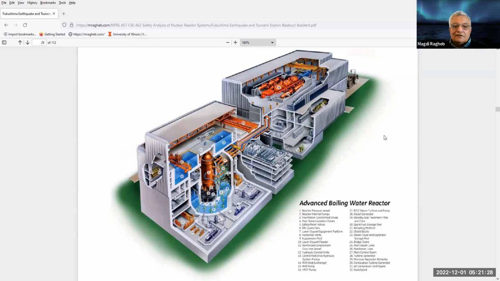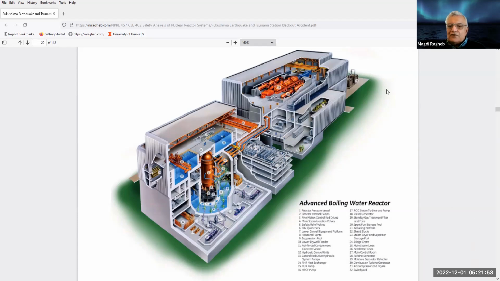And this is a design that is even more advanced than the Fukushima plants. It is not the light bulb design, even though the pressure suppression pool is below the core here. But if you read the 17 on the legend, this is the steam turbine and the pump, and there was no way they were underwater.